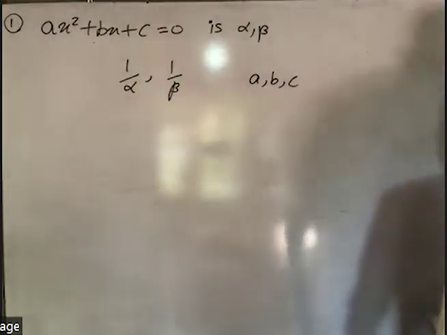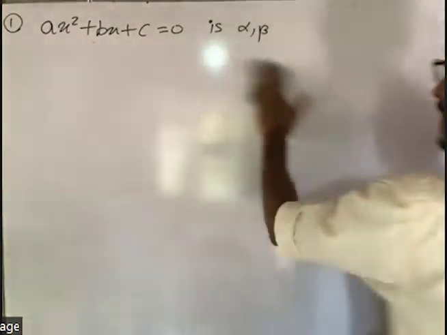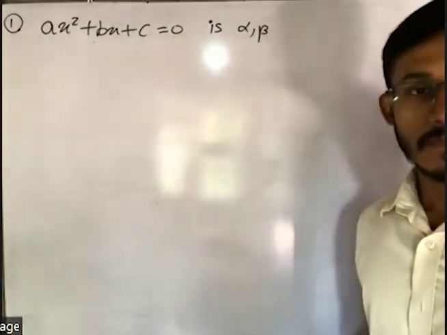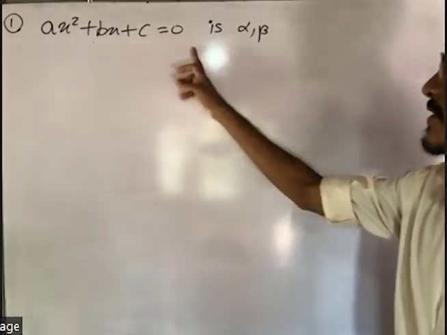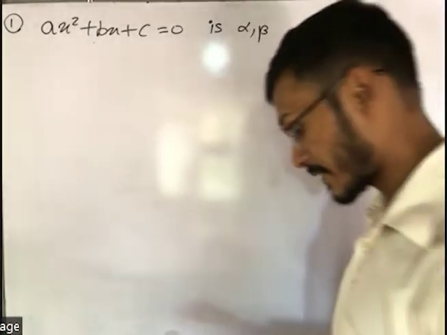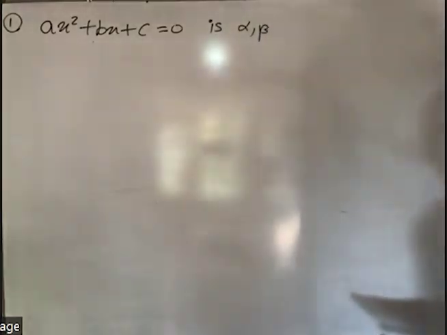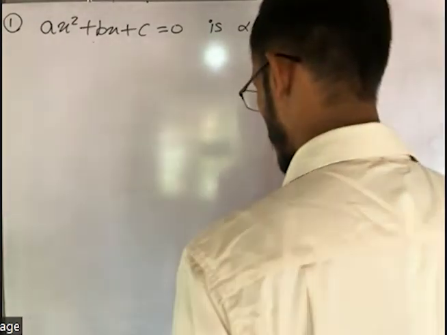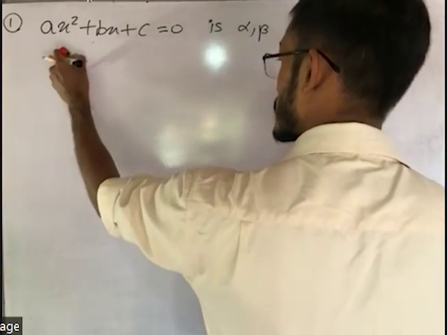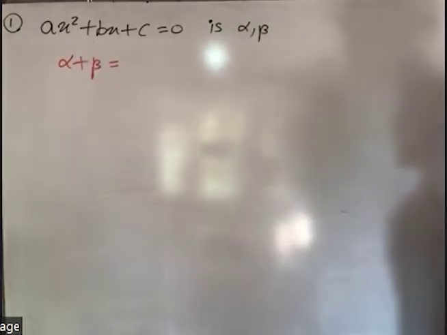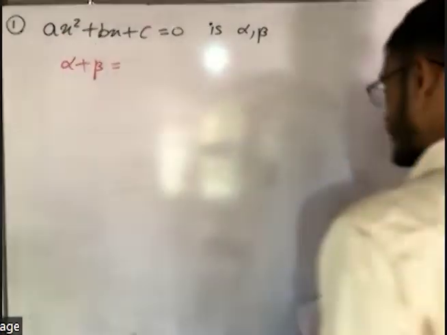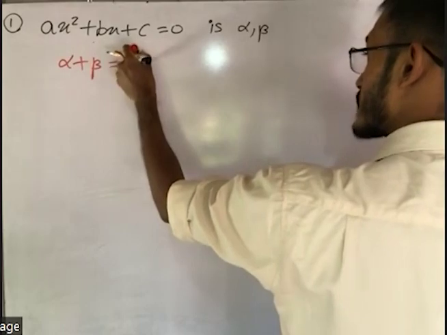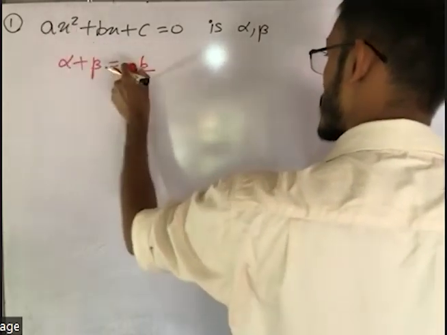Right. Now look at this. Let's find the solution. So they are given a quadratic equation ax square plus bx plus c equal to 0. Here the roots are alpha comma beta. So that means we can write down our relation: the sum of roots, alpha plus beta, equal to negative coefficient of x term, that is b, over coefficient of x square, that is a.